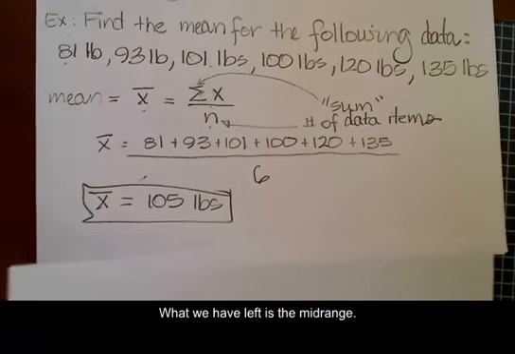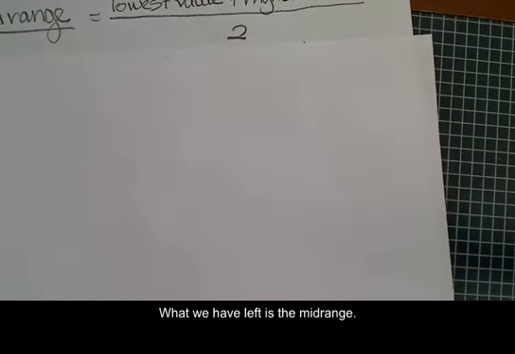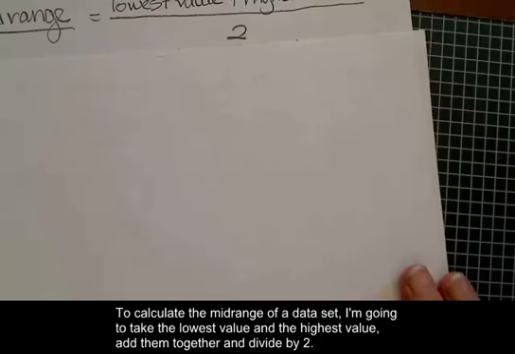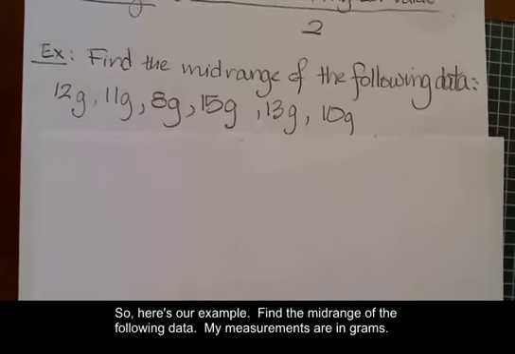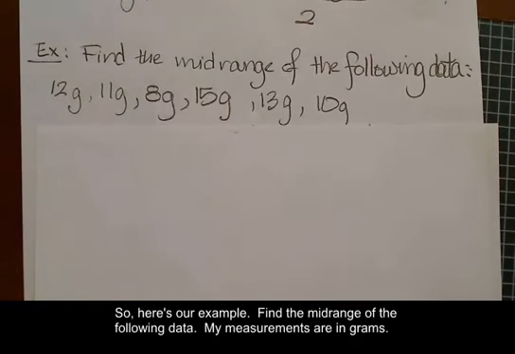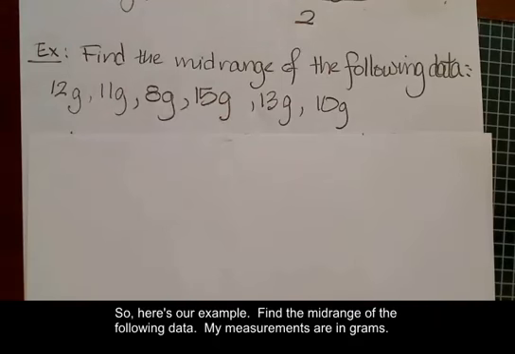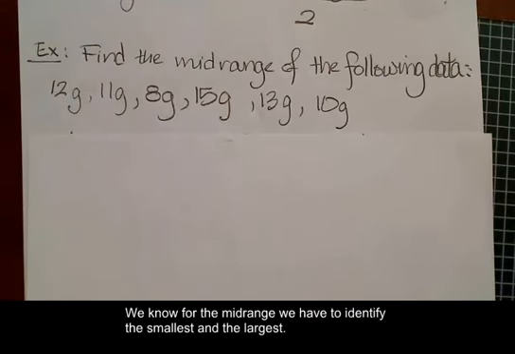What we have left is the mid-range. To calculate the mid-range of a data set, I'm going to take the lowest value and the highest value, add them together, and divide by 2. Here's our example. It says find the mid-range of the following data. This time my measurements are in grams. We know for the mid-range we have to identify the smallest and the largest.